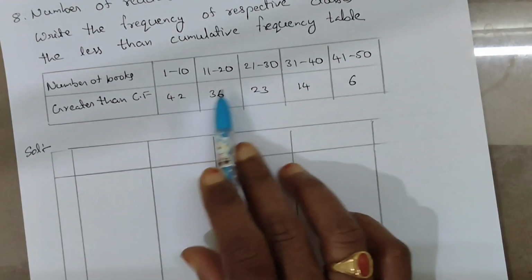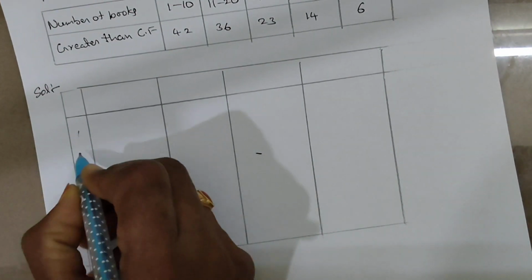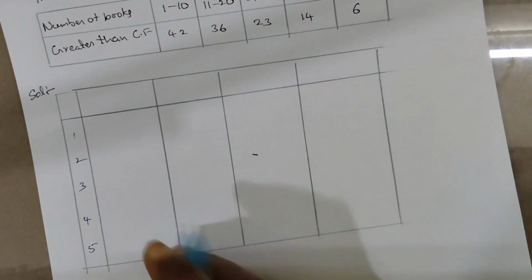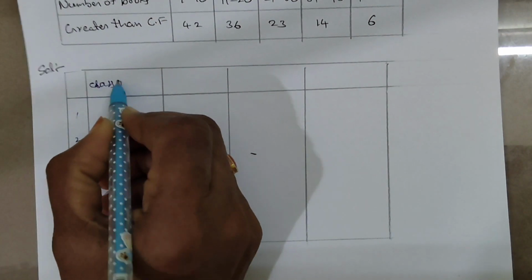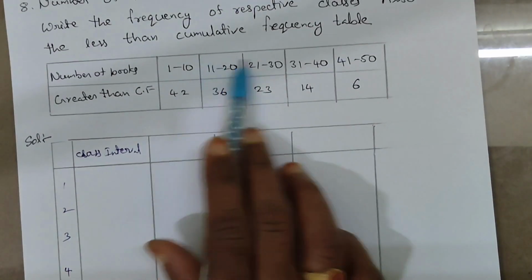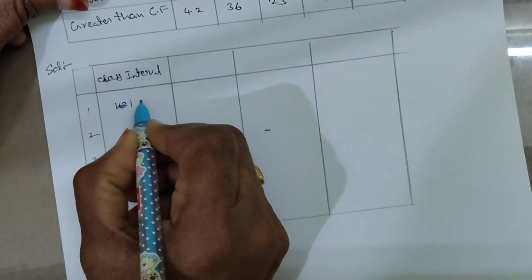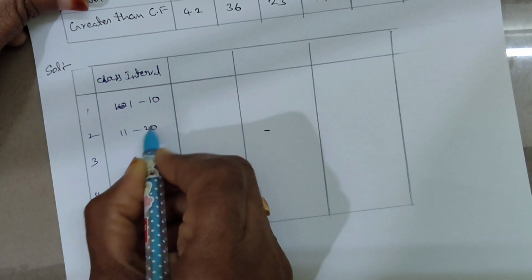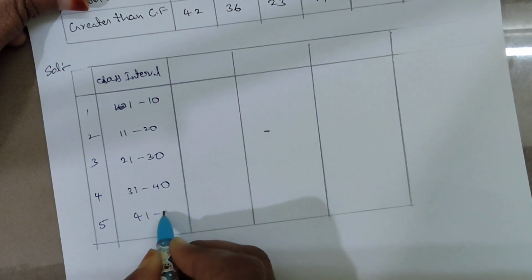Now in the given data, 5 columns are there, so we write 1, 2, 3, 4, 5. Next, the class intervals are already given: 1 to 10, 11 to 20, 21 to 30, 31 to 40, 41 to 50.